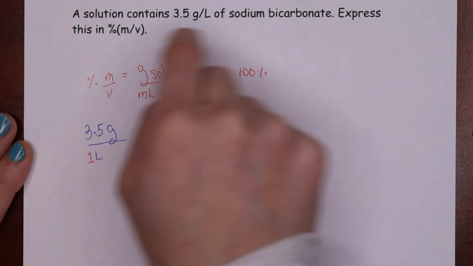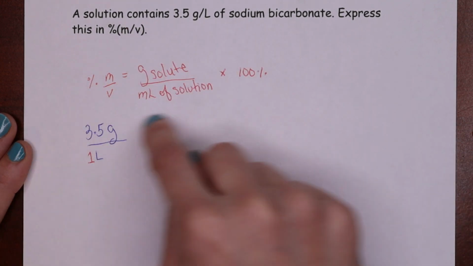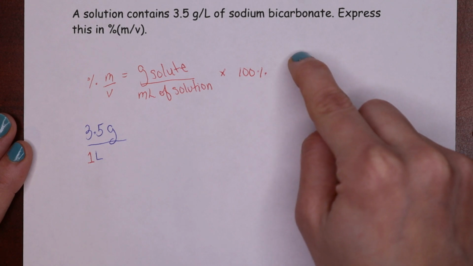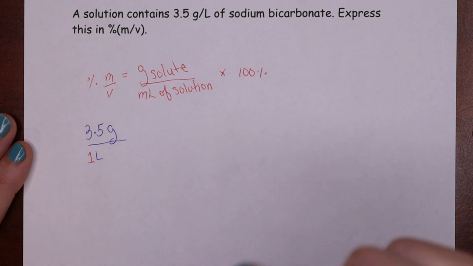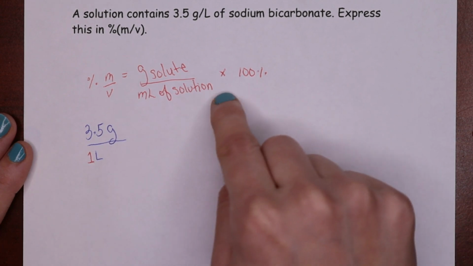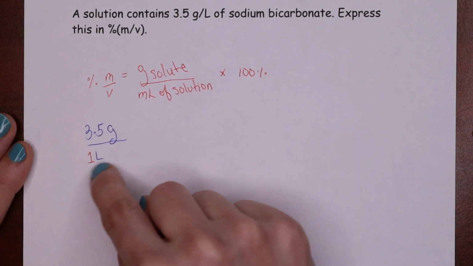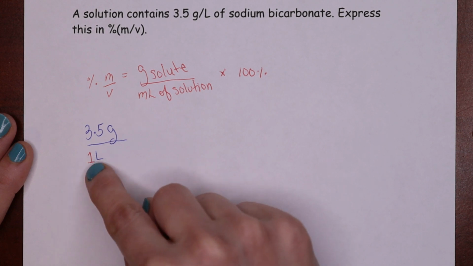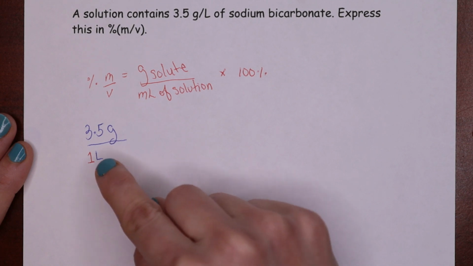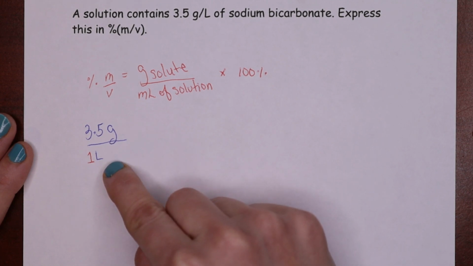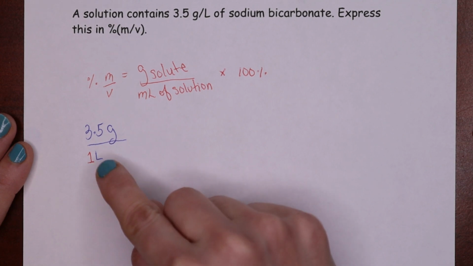Now looking over here at the formula that we have to use, let's see if there's anything that we can do. So we have grams, so that's already there, great. Then we need milliliters of solution. Well, we happen to have how many liters, right? We just have 1 liter of that solution. And because we know that we can convert liters to milliliters, then we have everything that we need. We know that there are 1,000 milliliters in just 1 liter.